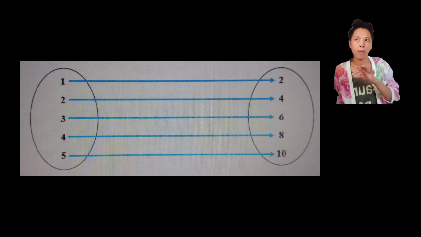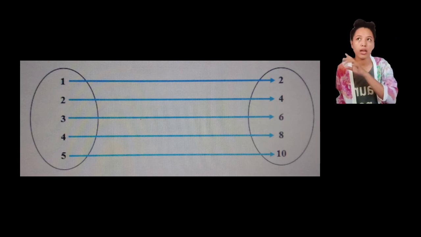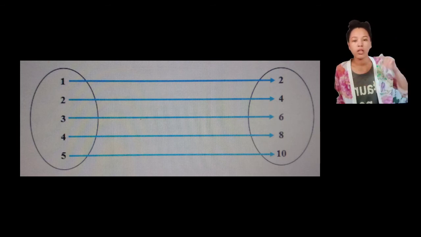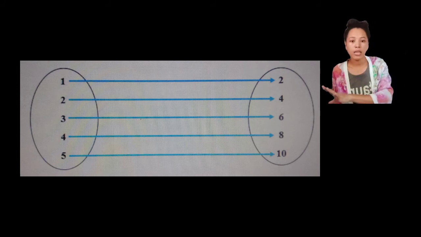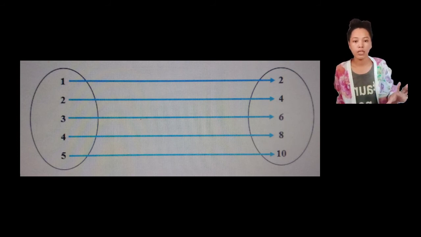So, kung ang katapat or correspondent ng 1 ay 2, sa x-coordinate ay 1, sa y-coordinate ay 2, dun naman sa kabila, ulit 2, dito ay 4, 3, dito ay 6, 4, dito ay 8, 5, dito ay 10. So, ganun yung one-to-one correspondence.